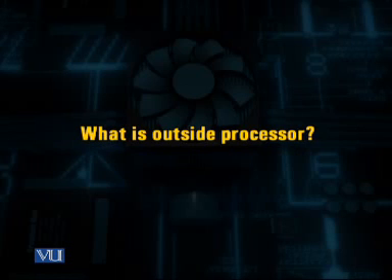However, whatever is outside the processor is always referred to as the input-output system. It is just like whatever is outside the human brain that is regarded as input-output system, such as our hands, our eyes, our mouth, and so on.